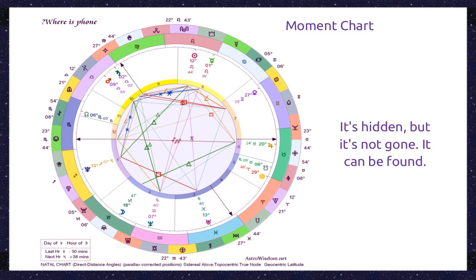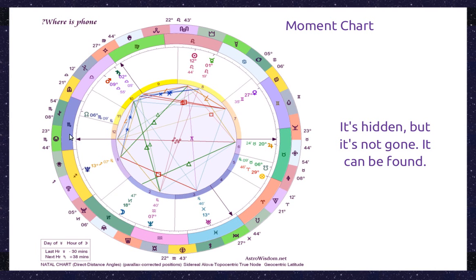Okay, so this is the moment chart. And I was able to tell her right away, your phone is hidden, but it's not gone. It can be found. It's not permanently missing. How was I able to tell her that right away? Well, first of all, the first thing that you look at with any moment chart is the ascendant.